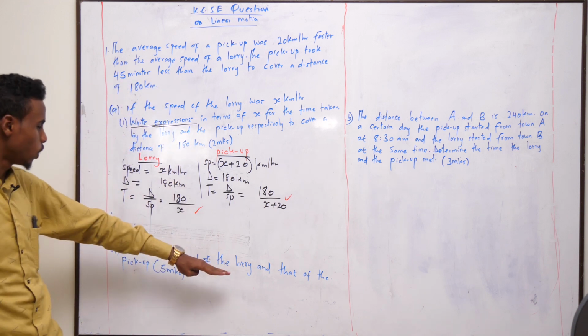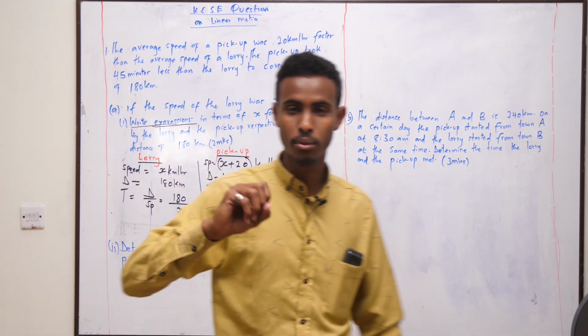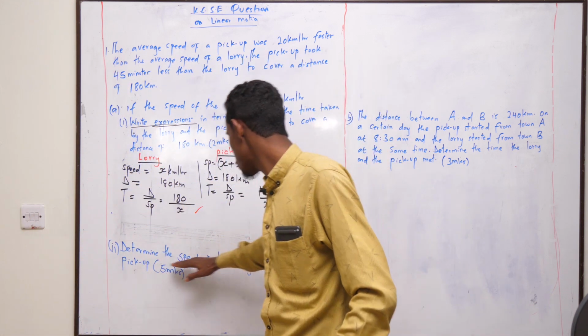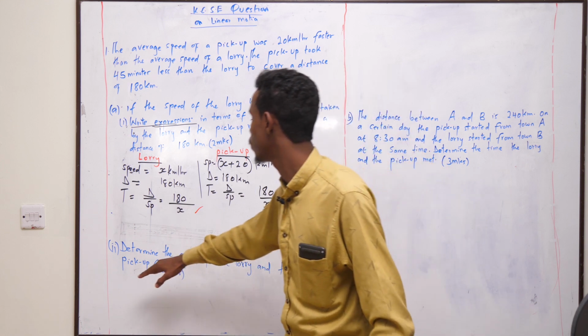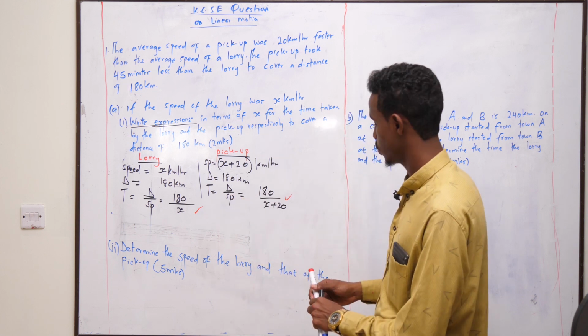Determine the speed of the lorry and that of the pickup. This is where the real issue is. Here, what you need to know is you have the time for both.